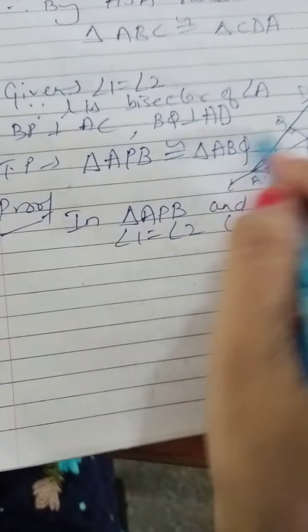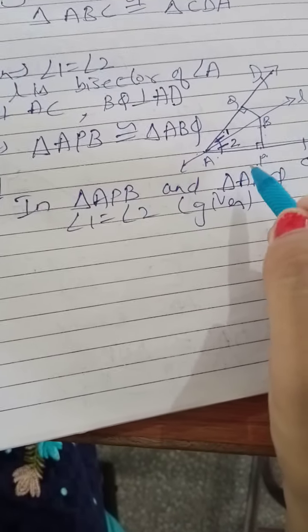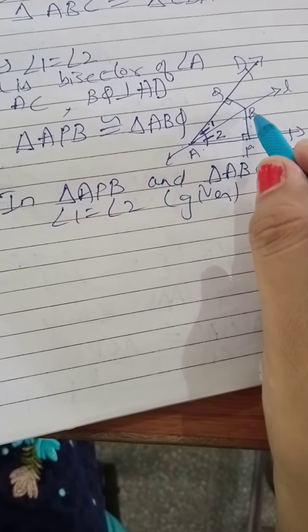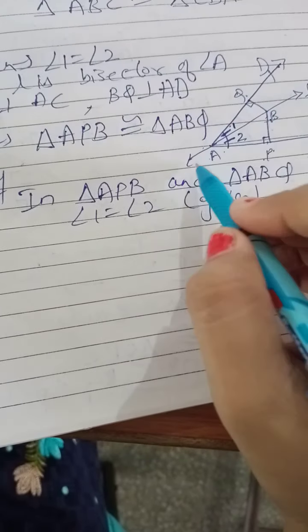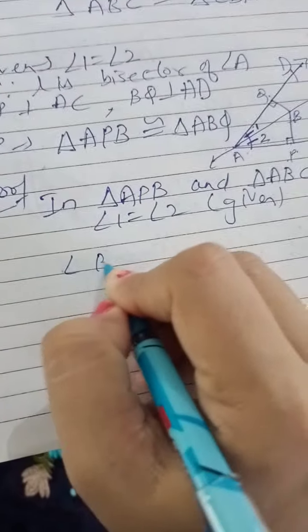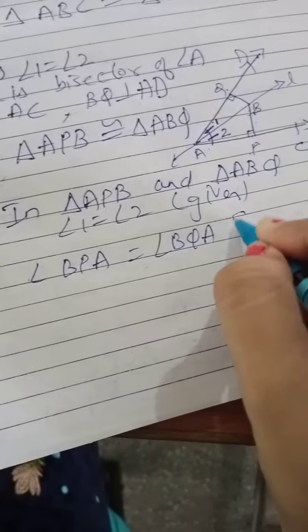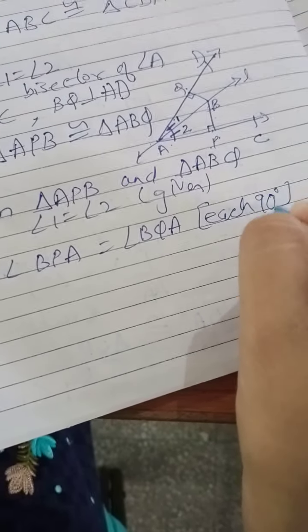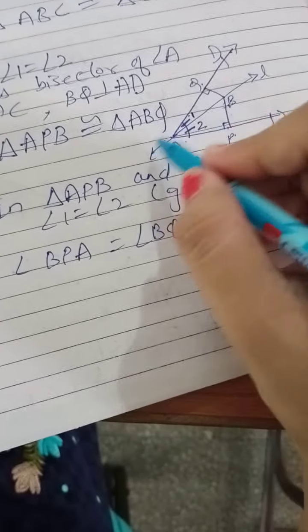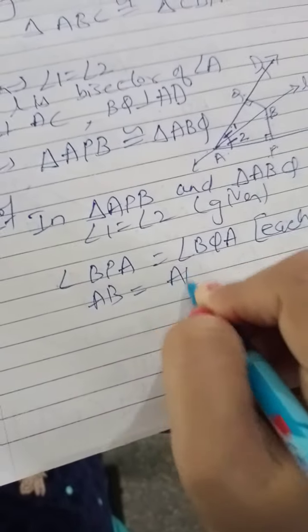I have already given the reason in the beginning that L is the bisector of angle A. Secondly, angle BPA is equal to angle BQA, each 90 degrees. Thirdly, AB is the common side, so AB is equal to AB.